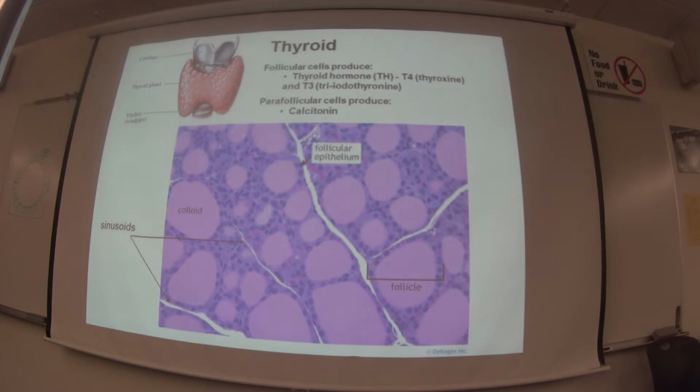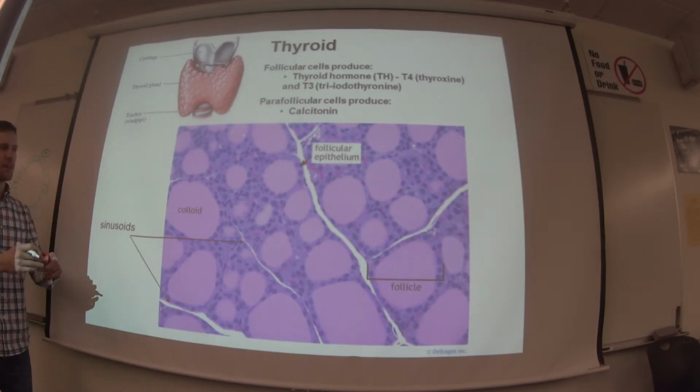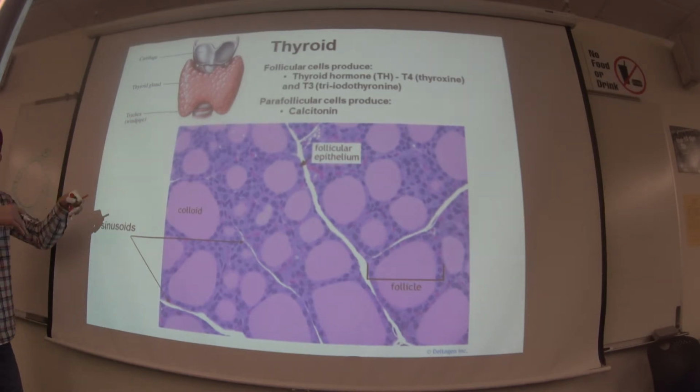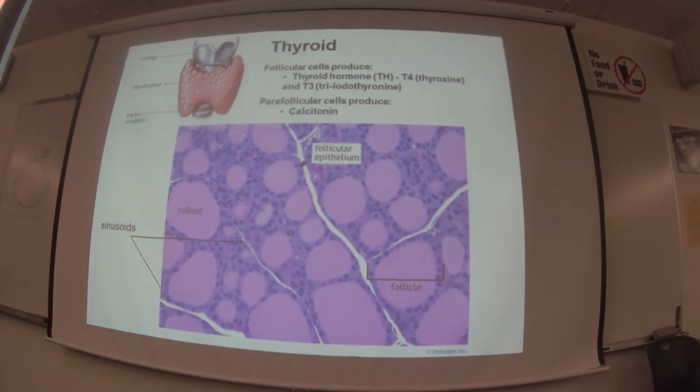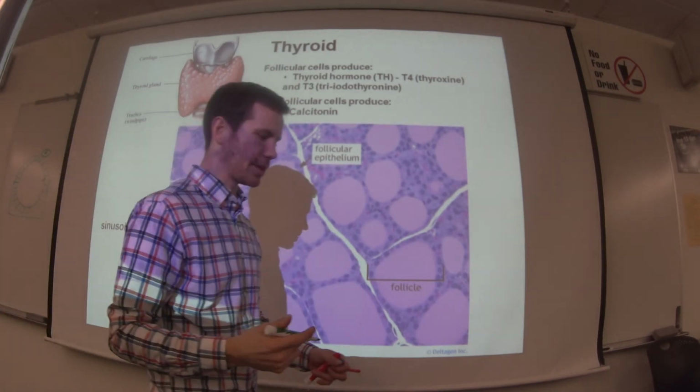Think of this as a bunch of simple cuboidal epithelium surrounding your colloid, and those are what your follicles are. Then mixed in between them, you have the parafollicular cells. They're not part of the follicle at all, they're just squished between the two. So these ones touching here are the follicular cells, and in the center is a colloid that is called, very specifically, thyroglobulin.